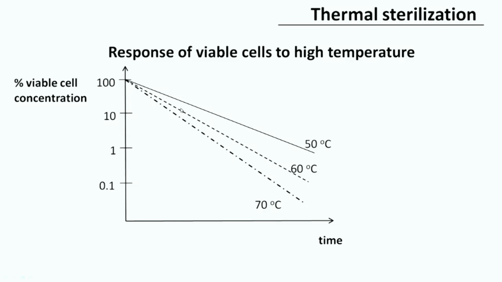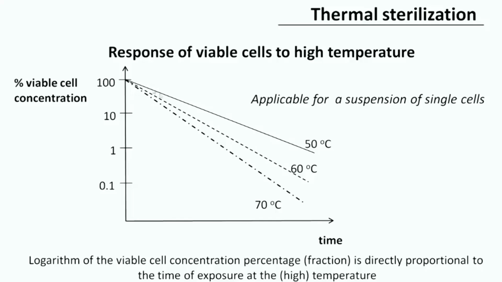This is the typical response that is observed when viable cells are exposed to high temperature that is higher than their normal operating temperature. This kind of behavior is applicable for a suspension of single cells, cells separately, not clumped together and so on.